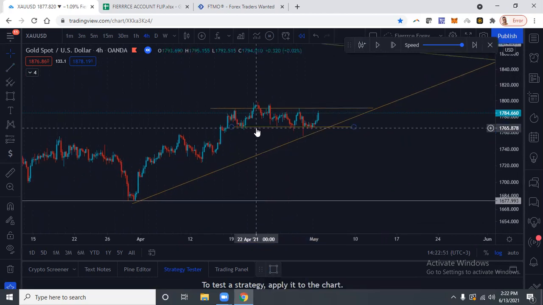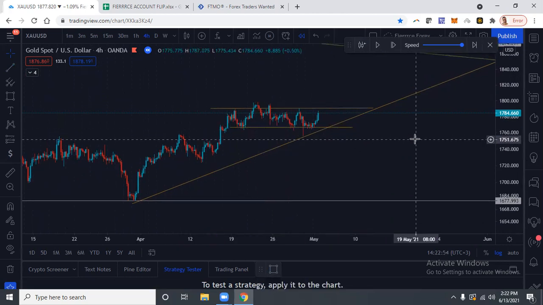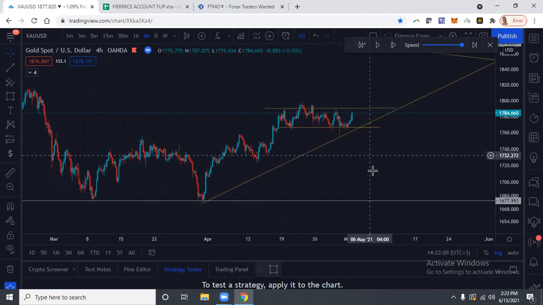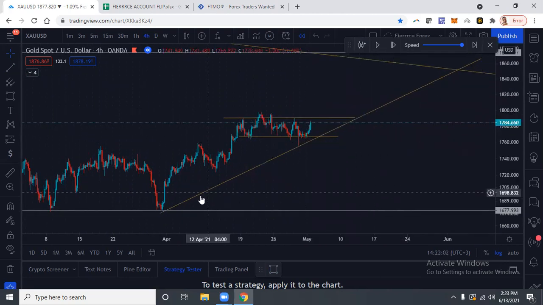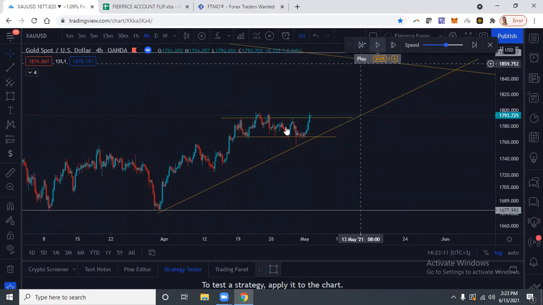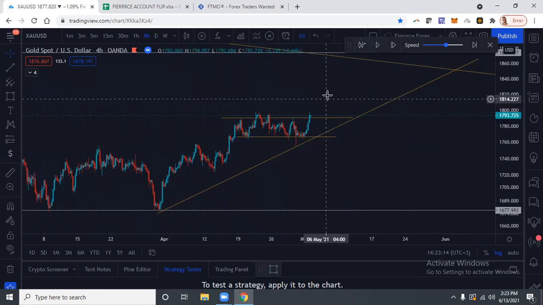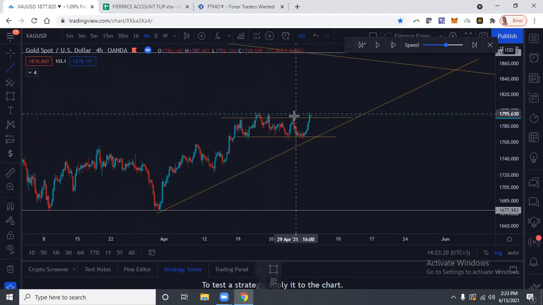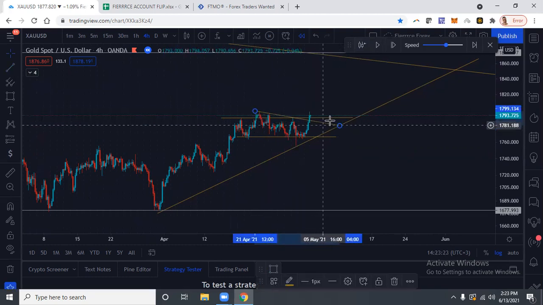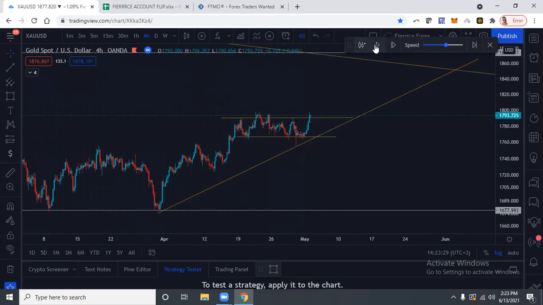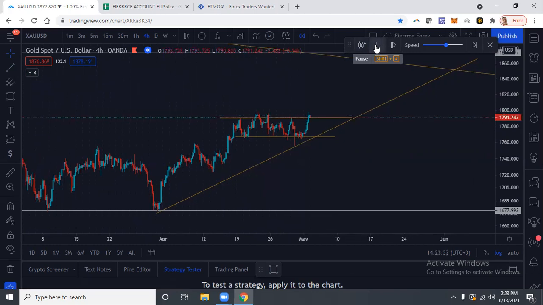We can see that we're in a sideways range. We could reject and drop or continue up, but I'm still bullish, as I said. It's broken through. What I'd like to see for a continuation to the upside is possibly coming back to retest this zone a couple of times, and then I'll be on the lookout for an entry.